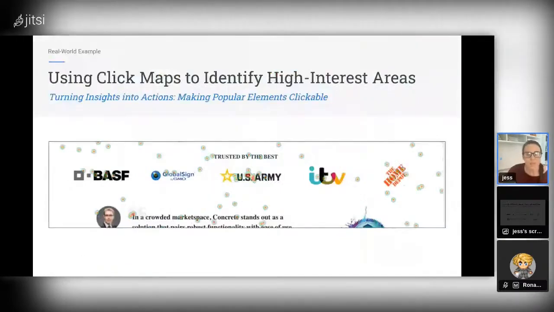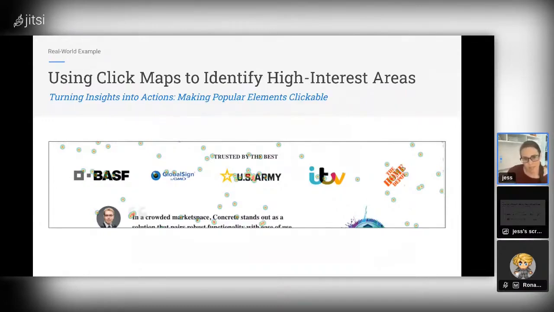Sometimes user interest doesn't align with our assumptions. In this example that I was running on our homepage on concretecms.com, this click map revealed that visitors were frequently clicking on the brand logos right above the "trusted by the best" section, expecting them to be interactive. These logos originally weren't clickable, and it was leading to missed engagement opportunities.